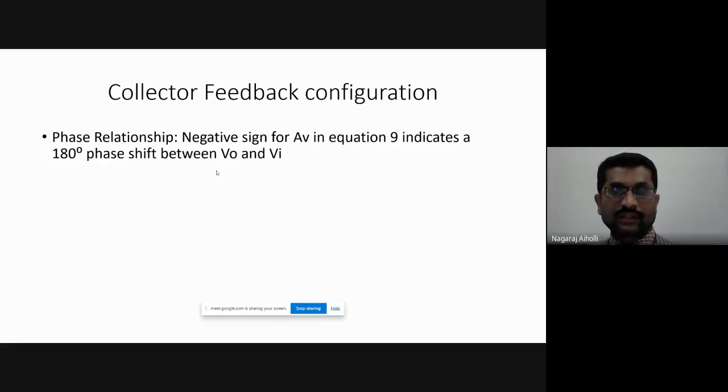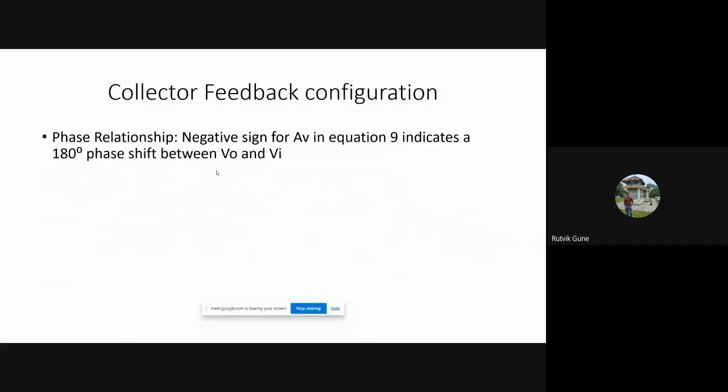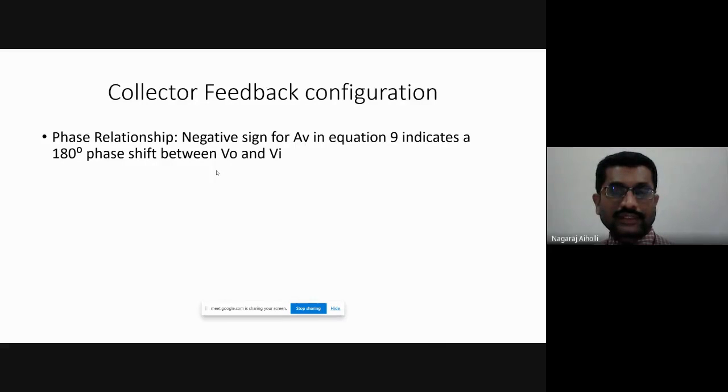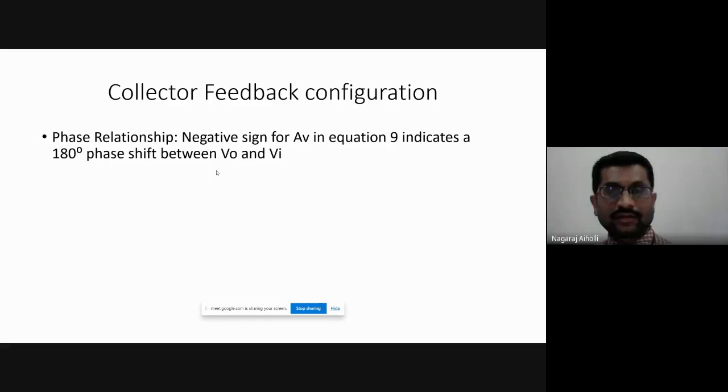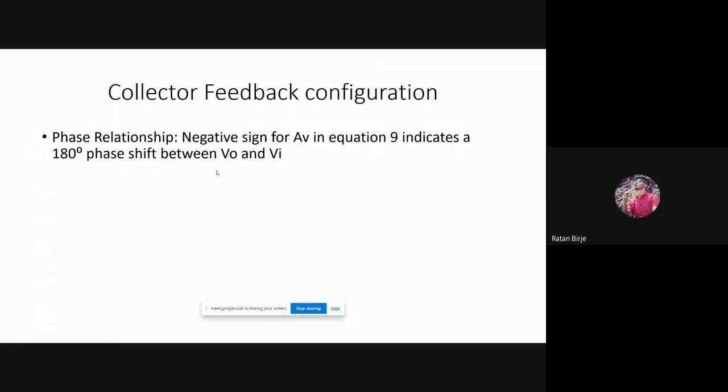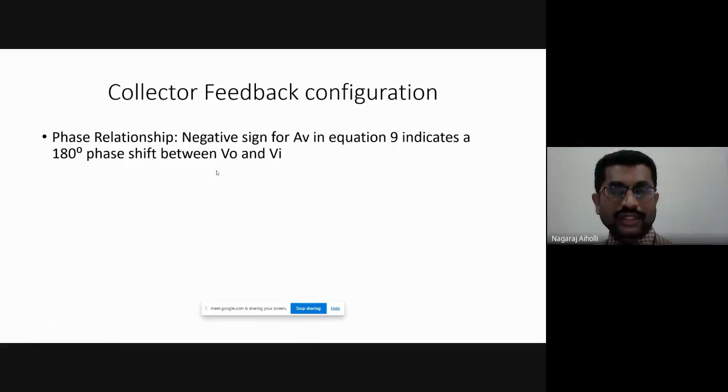Rutvik Gune? Anything you want to ask? No, sir. Understood here? Yes, sir. Okay. Chopade? Ramesh? Ratan Birje? Is it clear here? Clear, sir. Any doubts here? Any questions?